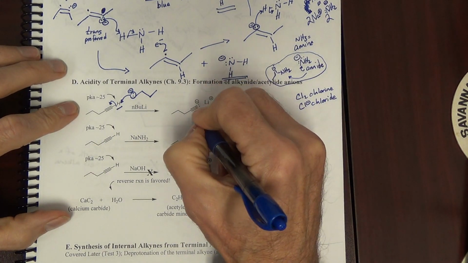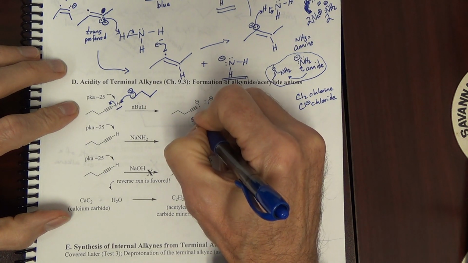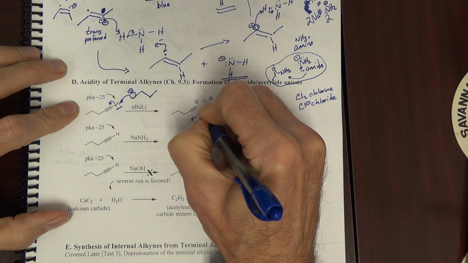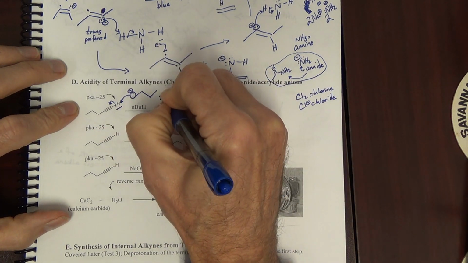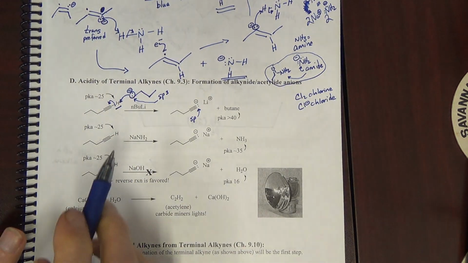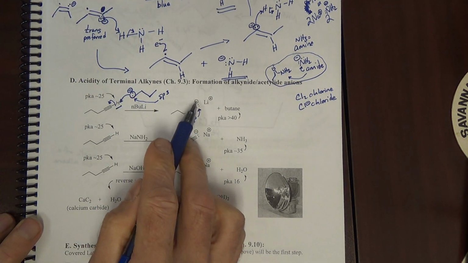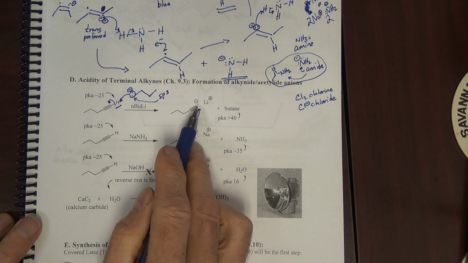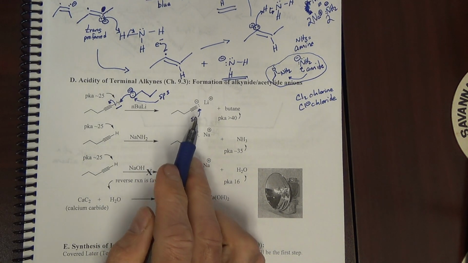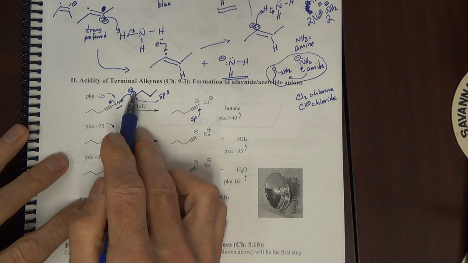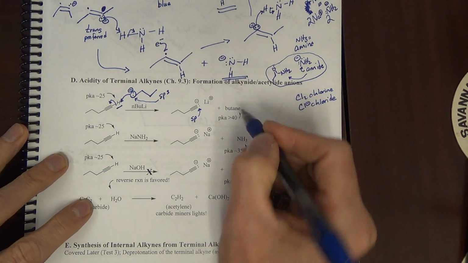But this carbanion is more stable because the lone pair is in an sp orbital, where over here the lone pair is in an sp3 orbital. And so we're going to a more stable carbanion. And of course, when this takes an H, we would form butane.